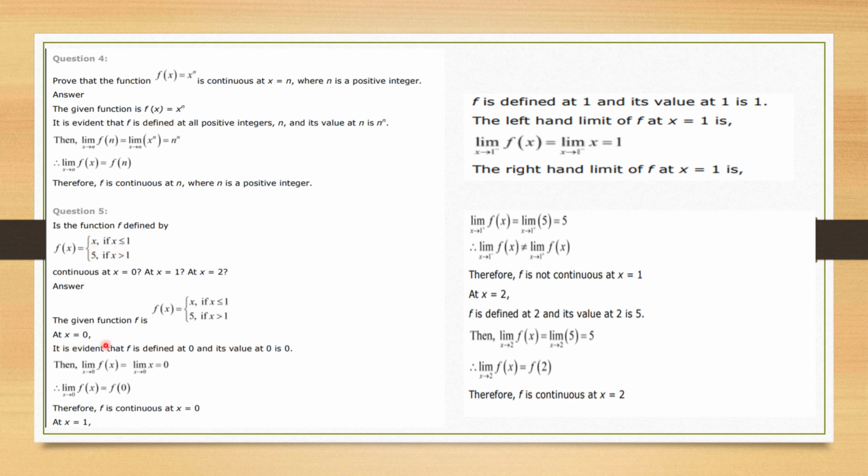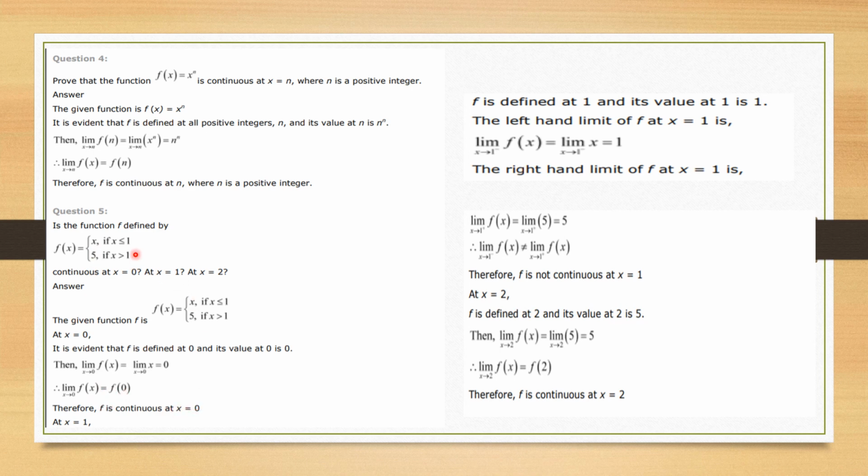So at x equal to 0 it is defined, and limit x up to 0, f(x) will be x itself. As it is defined for x less than 1, the same is defined for x equal to 0. So I'll get limit x up to 0, x is 0, and f(0) is again 0. So this is equal to this and the function is continuous.